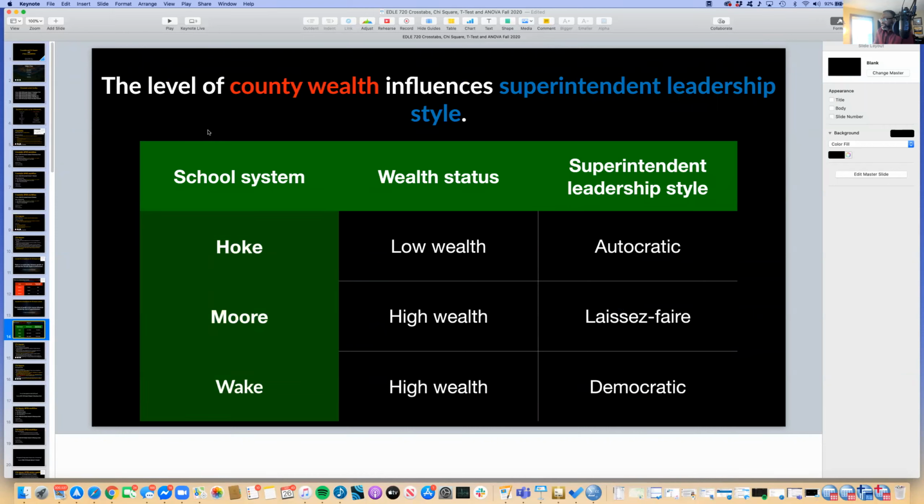You use the same thing. There's no relationship between the level of county wealth and superintendent leadership style. And so if you ran the analysis and everything was significant, then you would reject that null hypothesis and say, hey, there is a relationship here. I can't accept this null hypothesis, so I have to reject it.